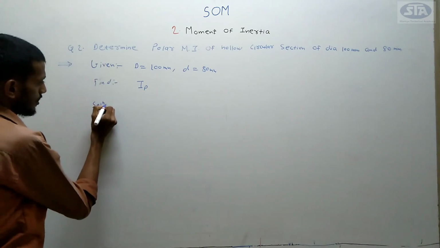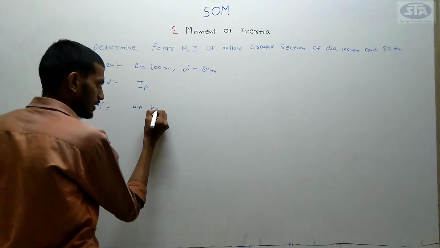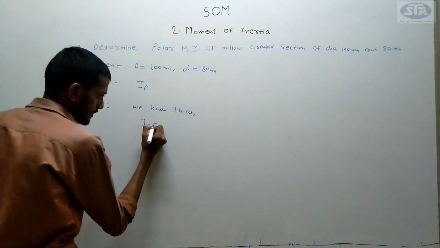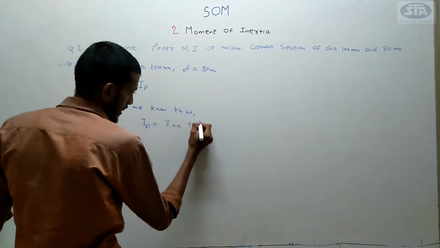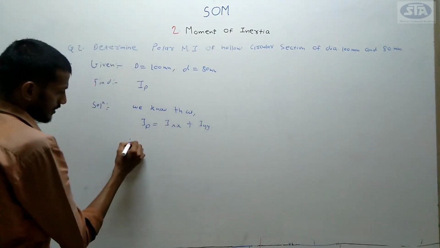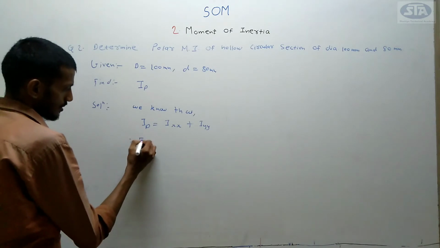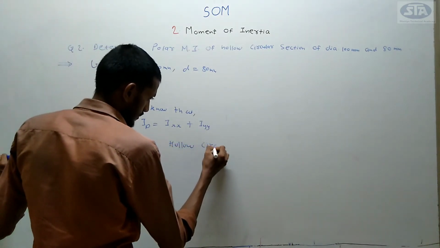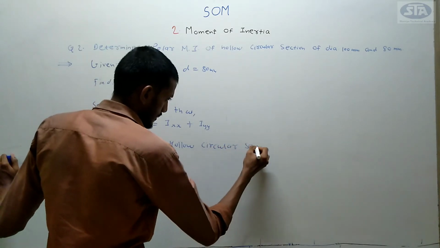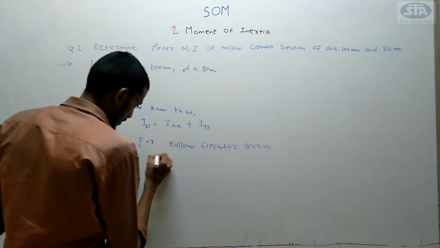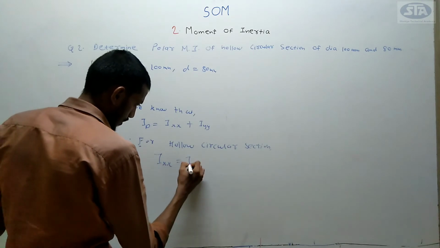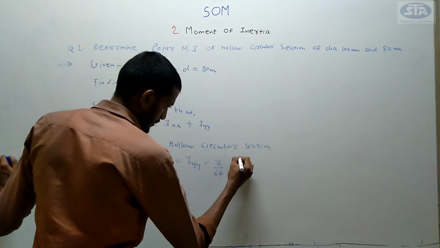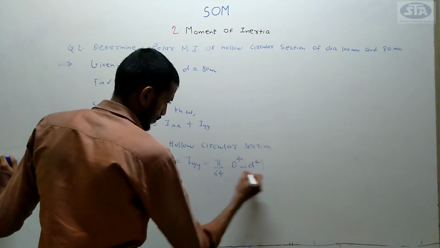Now the solution. We know the formula: polar moment of inertia is equal to Ixx plus Iyy. Therefore, for a hollow circular section, Ixx is equal to Iyy is equal to pi by 64 into D raised to 4 minus small d raised to 4.